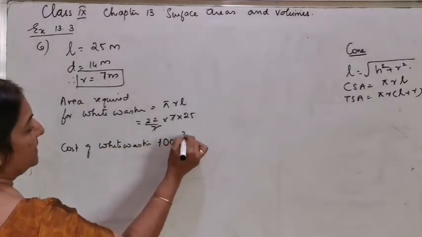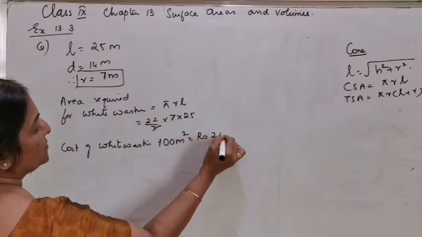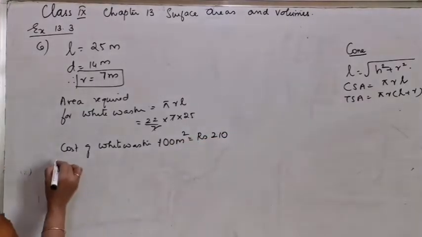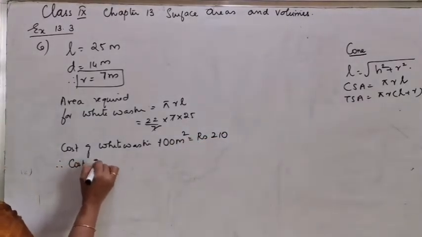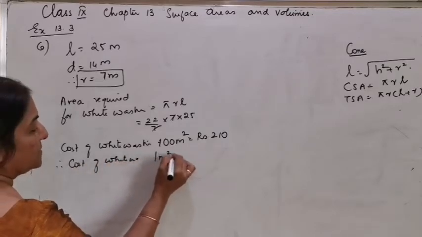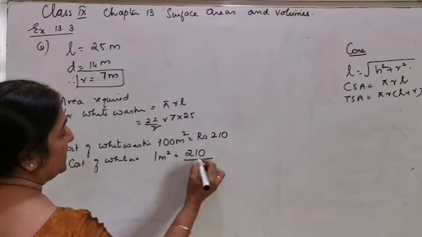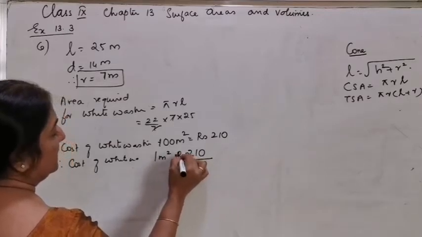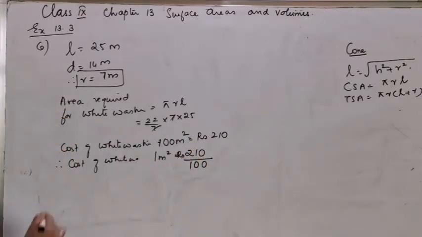Cost of whitewashing 100 meter square is equal to rupees 210. Therefore, cost of whitewashing 1 meter square is equal to rupees 210 by 100. This is called unitary method.